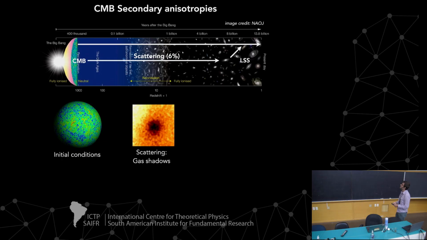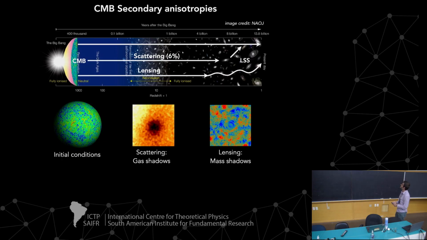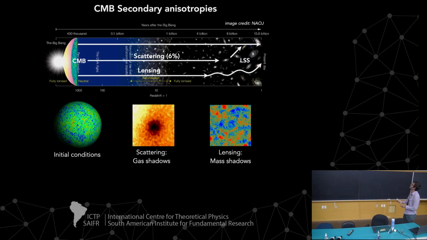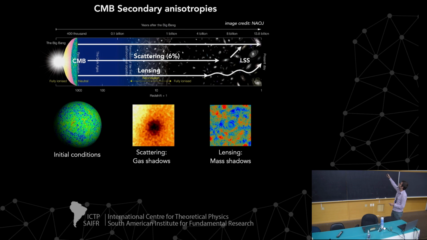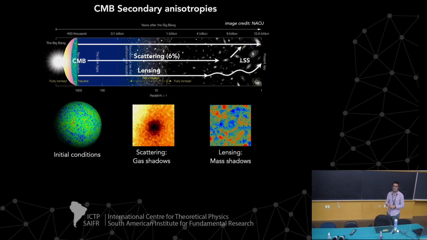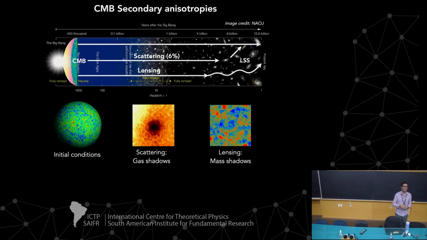Another thing that happens to CMB photons on their way towards us is gravitational lensing. And so you've heard quite a lot about this from David and from last week about how lensing works. But basically, the gravitational potentials from the large-scale structure pull on the photons and deflect their paths. And so the CMB temperature that you see here, perhaps you should have been seeing it there if its path hadn't been deflected.